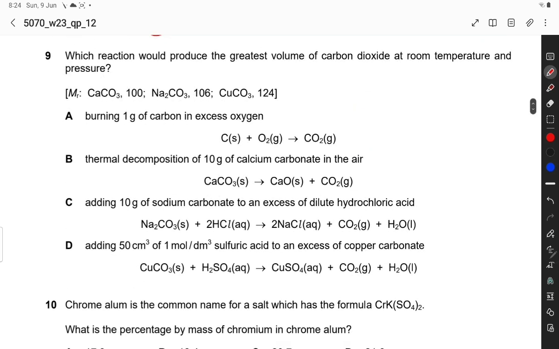Question number 9. Which reaction would produce the greatest volume of carbon dioxide at room temperature and pressure?